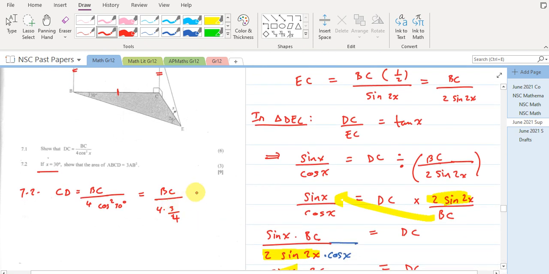Yes, so what we're getting is BC over 3. So CD is equal to BC over 3.